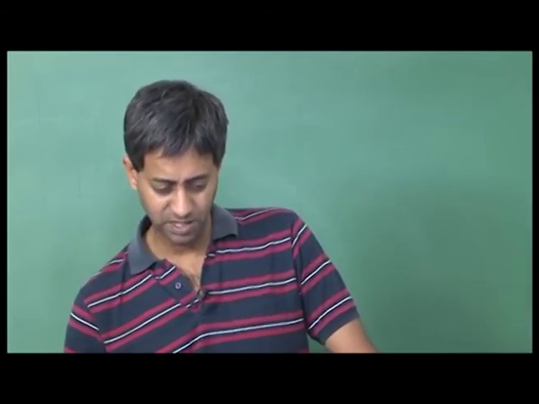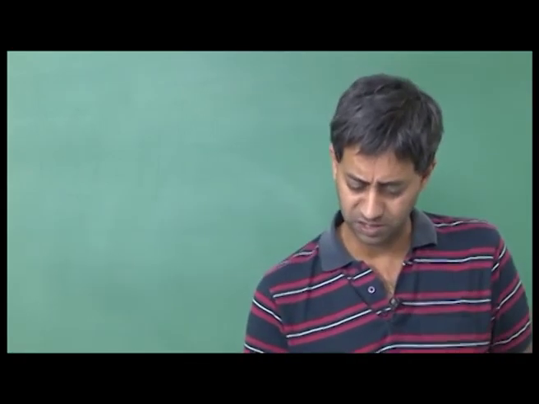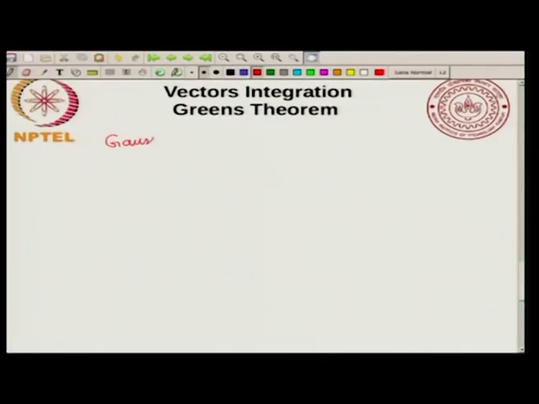Now, next we will just talk about Green's theorem, also known as the Gauss divergence theorem. This is very useful when you want to convert between a surface integral and a volume integral and vice versa. So, what does this say?